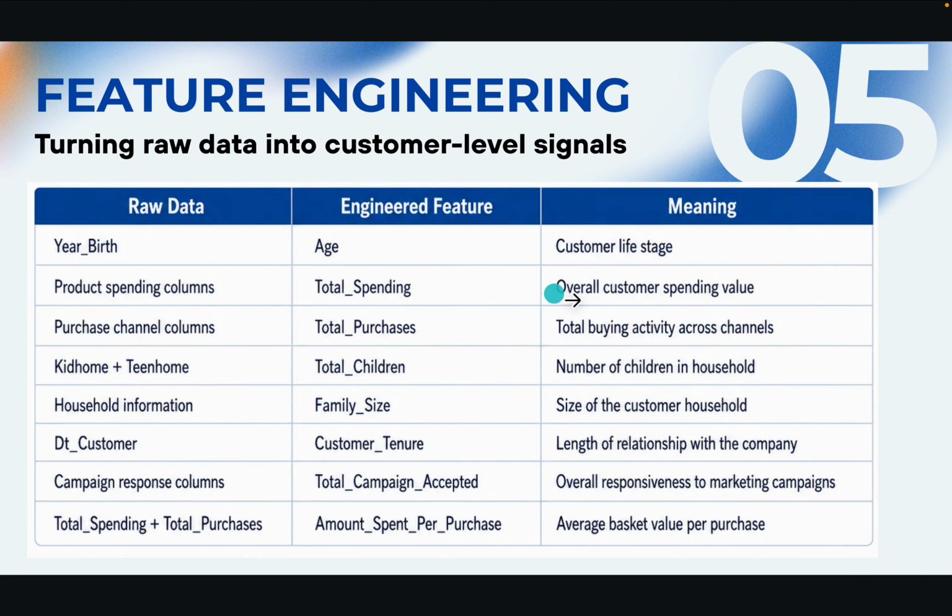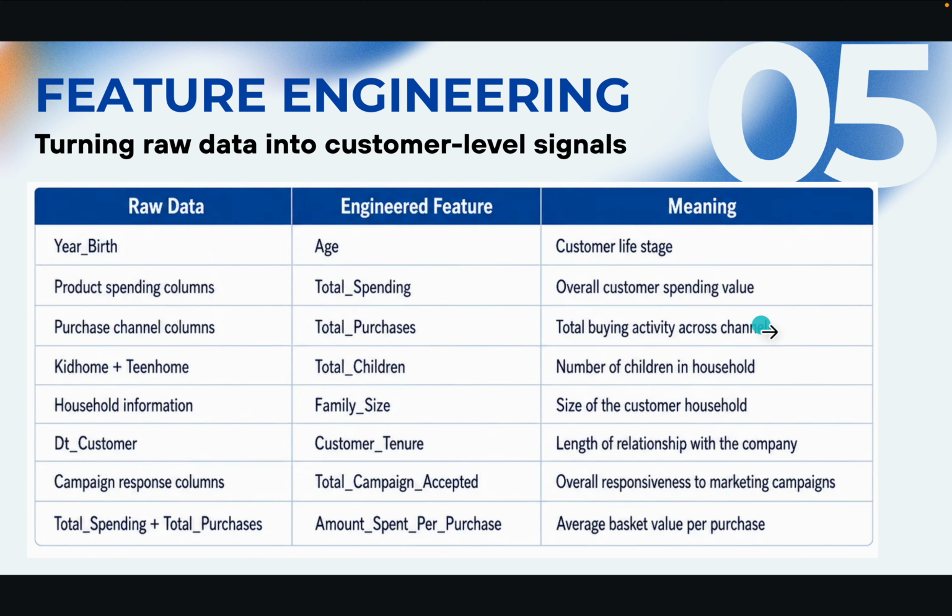For example, beginning with year of birth, I create an age feature to represent customer life stage. I combine all of the spending across all product categories to create a total spending feature, so I can get the overall customer spending value. Similarly, I sum purchases across web, catalog, store, and discount channels to get the total purchases feature.